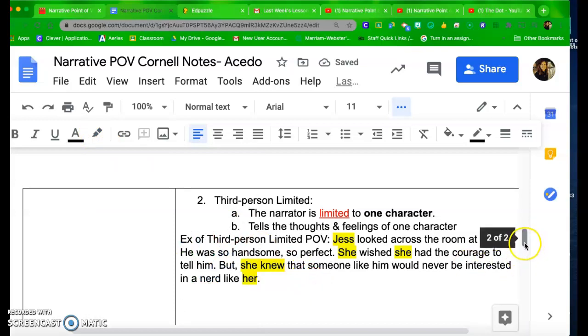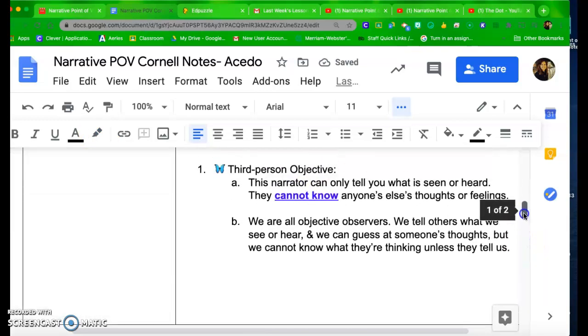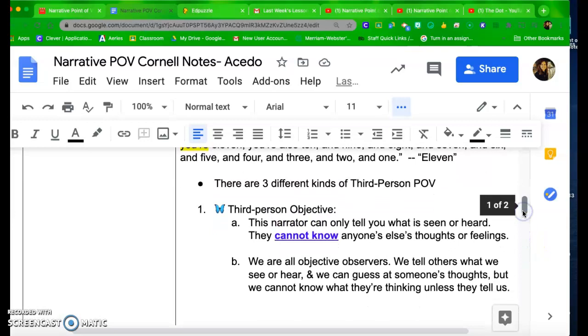So as a review, all the third person points of view are going to use third person pronouns. Words like he, she, her, they, and them.